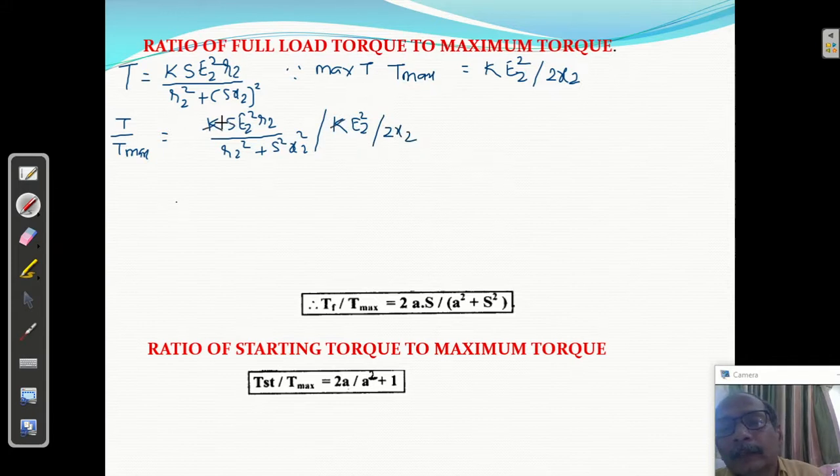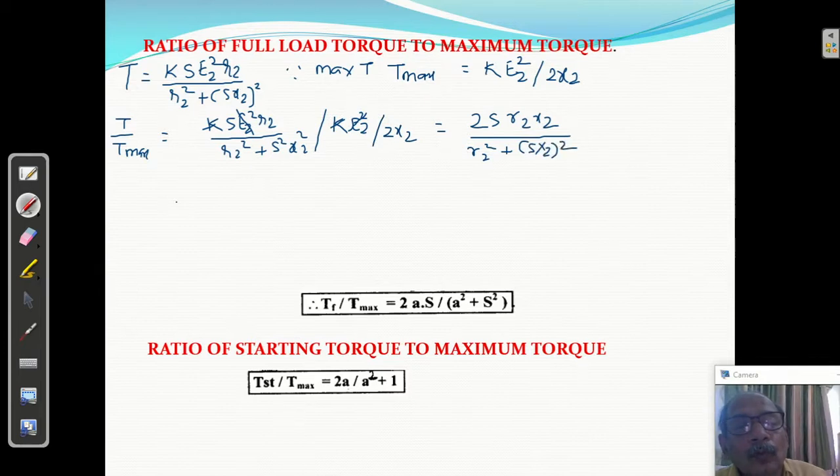So this K will be cancelled. This E2 square will be cancelled. So you will get 2 times S into R2 into X2 upon R2 square plus S X2 whole square. Okay, so I am dividing both numerator and denominator by X2 square.